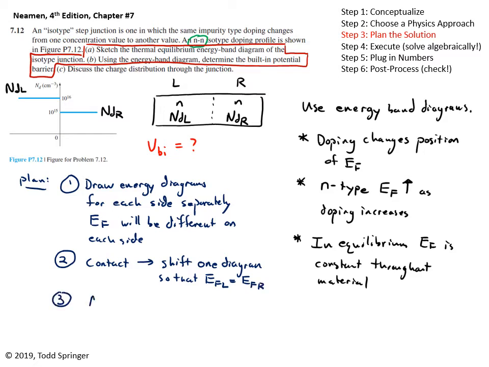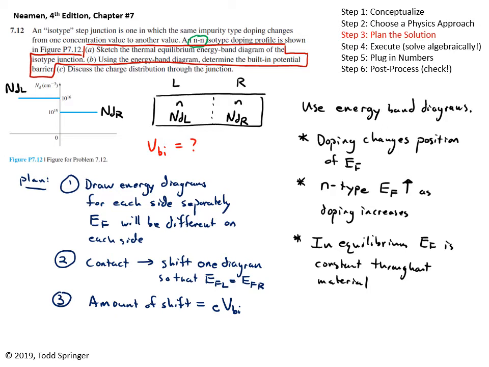And finally, the amount of that shift is going to be equal to e times VBI. Not exactly VBI because one is an energy shift, one is a potential energy, but they're very closely related. So however much I have to shift them so that the Fermi energy is the same on both sides, that's the height of the potential hill that will develop.